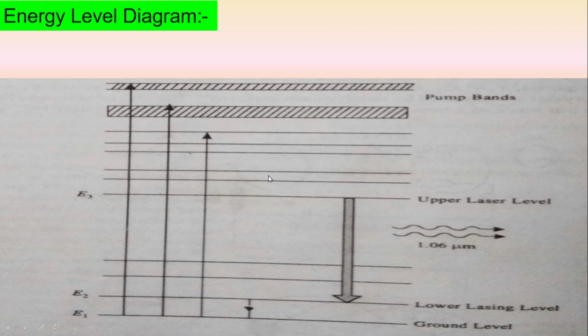And this is the energy level diagram of the neodymium ion, in which this is the ground state, this is the lower excited state, and this is another excited state. It acts here as a metastable state, and these are the pump states.